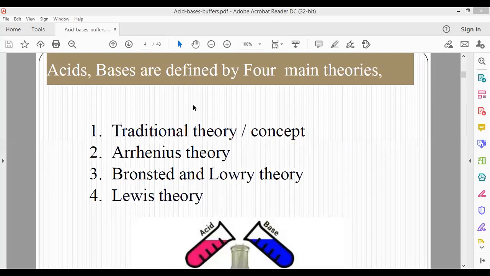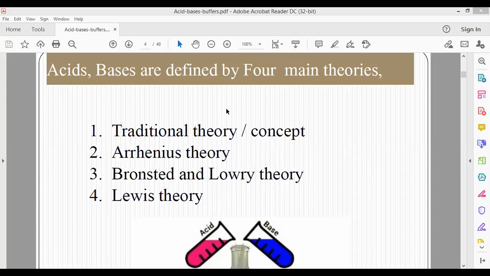Acids are the substances having H+ ion concentration, and bases are the OH-, the hydroxyl ion. When the H+ and the hydroxyl ions combine, they form salt as well as water, that is the acid as well as the base.